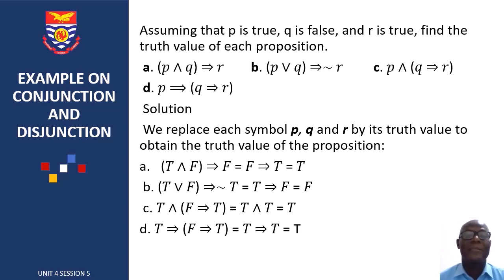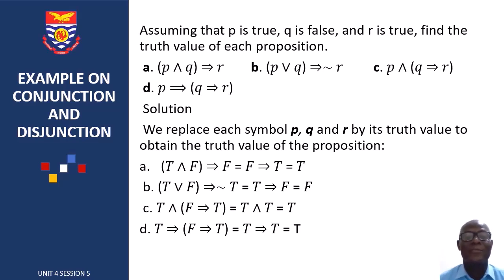Now A, since P is true and Q is false, then we have true conjunction false. But we know for conjunction to be true, both statements must be true. So P conjunction Q is equal to F, that is false.